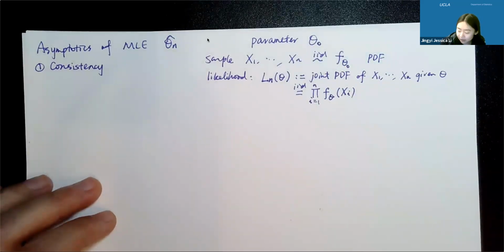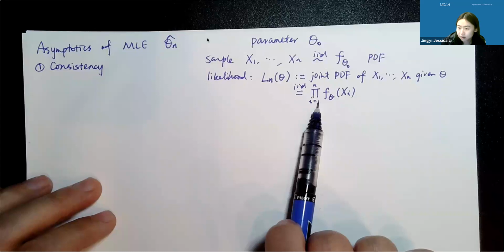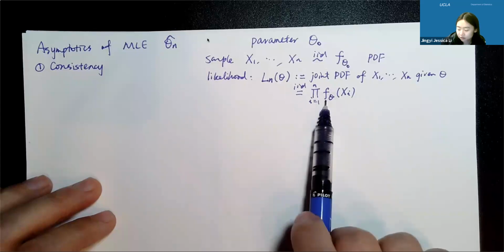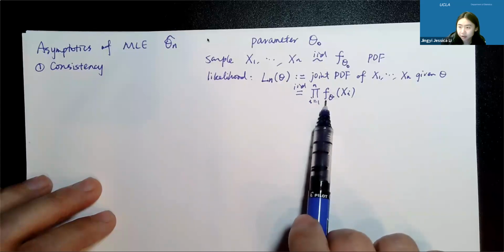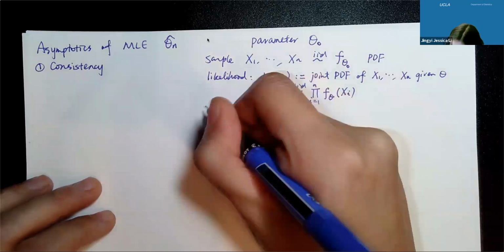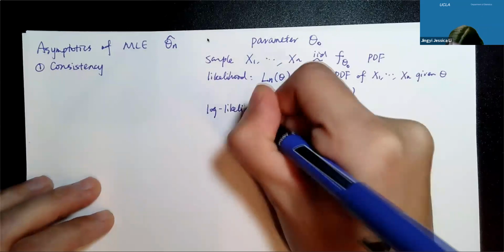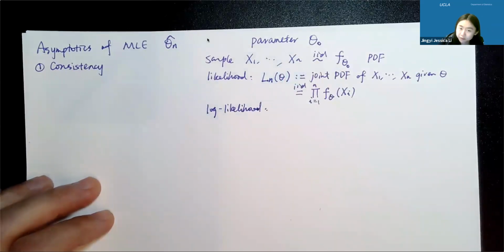But we know that this product is not as easy to work with as a sum. Also, a lot of those PDF functions, this f theta, involve exponential functions such as the Gaussian. So a very common technique we use in statistics is to perform the log transformation. Then we obtain the log likelihood by taking the log of this likelihood.